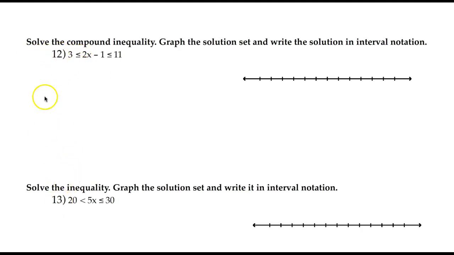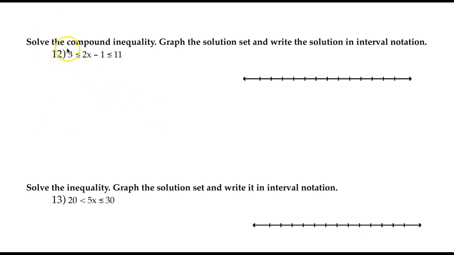12 and 13 are the type that we call conjunctions, because what this really means is that we have two separate single inequality statements that are being what we call anded together, meaning that we want the overlap in between them.